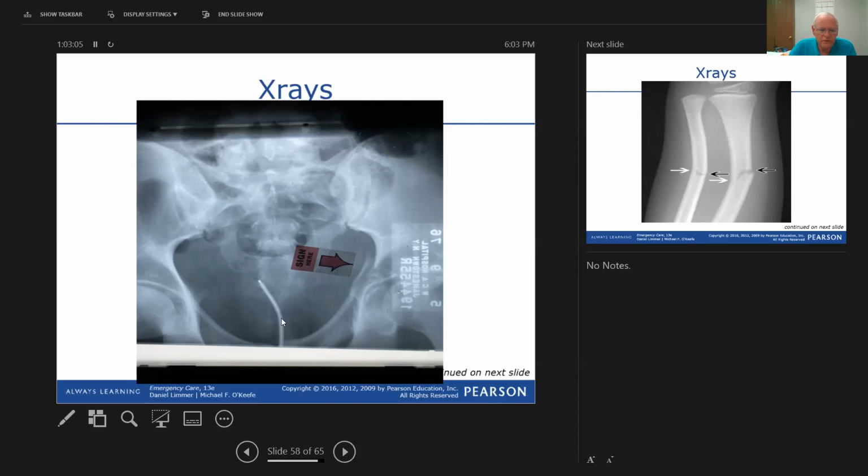Now, this funky looking thing coming up from the bottom in the center, that's a urinary catheter. So this person has a catheter into their urinary bladder. But what I want you to look at is down at the bottom where that first comes up off the bottom of the picture. If you look to the right, you can see where the rim of the ischium comes down and into the pubis area. But then look on the left, it's lower.